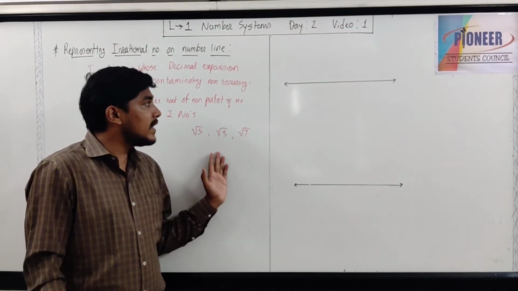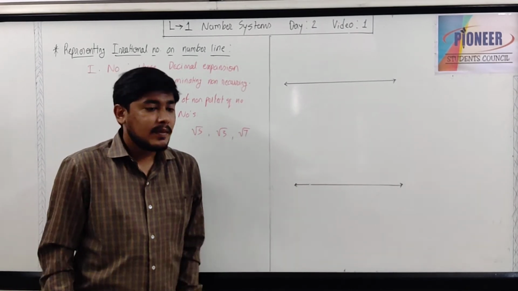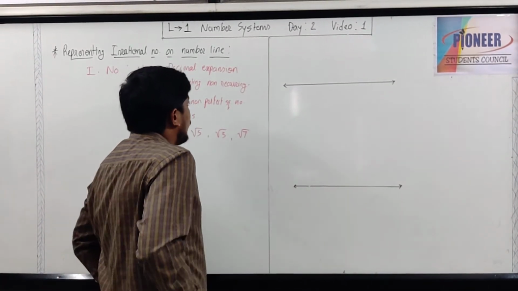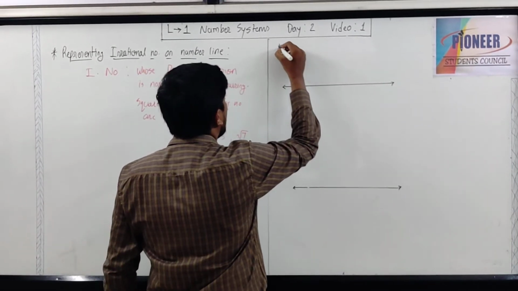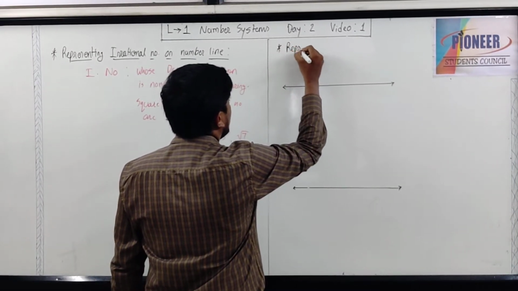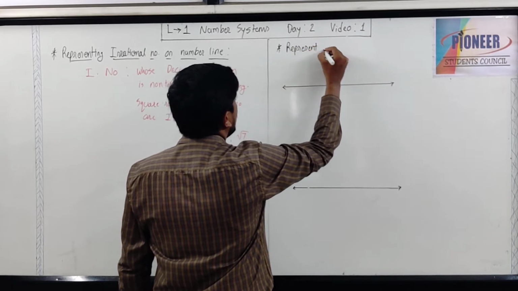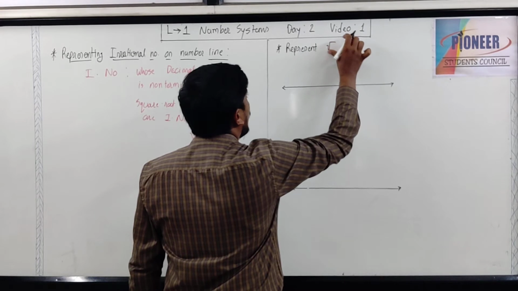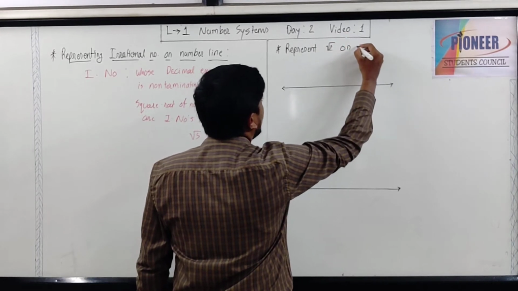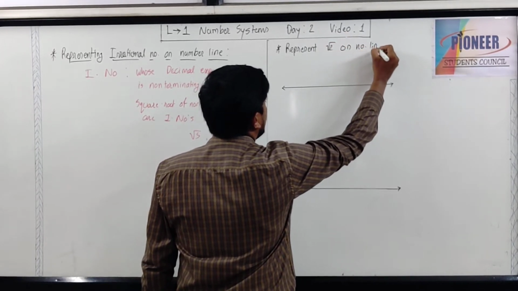So how to represent it? Let's have a look over here. See guys, firstly, we will represent root 2 on the number line.